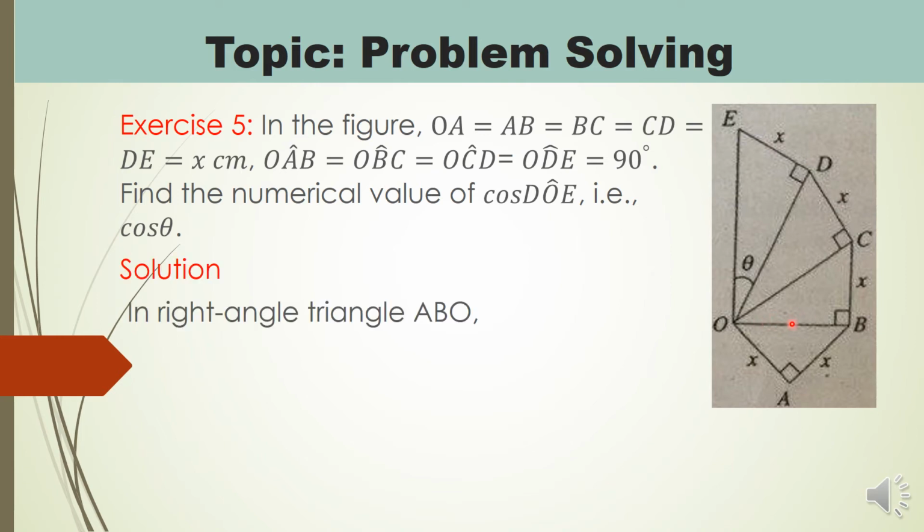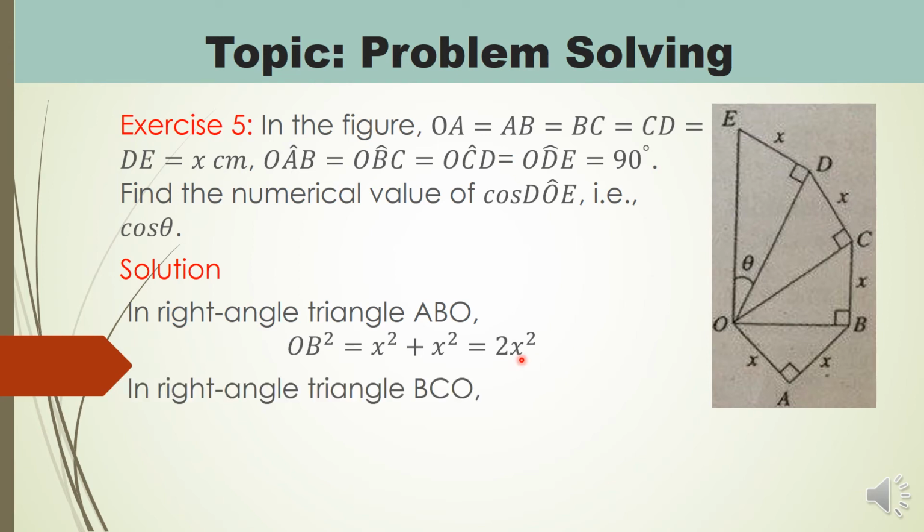To find the side OB, you just use the Pythagorean theorem by looking at the right angle triangle AOB. You obtain hypotenuse square equals the sum of squares of the other sides. So OB square equals h square plus h square, so OB square equals 2h square.